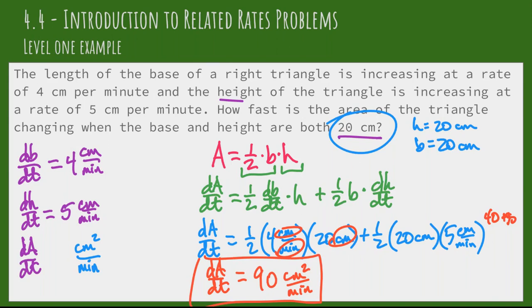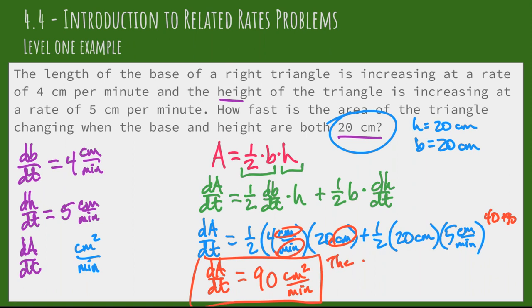Now, in problems like this, we actually should write out our answer in a way that directly answers the question. This is the answer to the question. It's changing 90 square centimeters per minute. It doesn't really tell us whether it's changing in a positive direction or a negative direction, even though the 90 is positive. So we're going to write out our answer here. The question says, how fast is the area of the triangle changing when the base and height are both 20 centimeters?